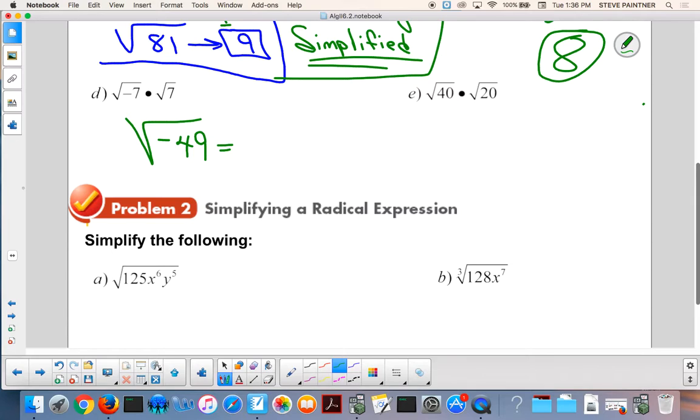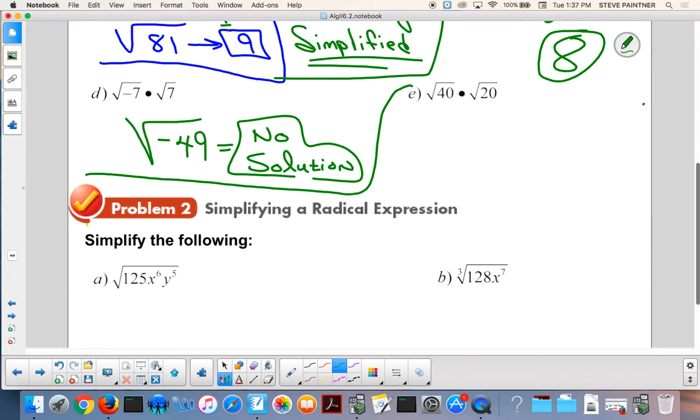You cannot take the square root or fourth root or sixth root of a negative number. Once you see even, you know you can't take even roots of negative numbers. No solution. Another one you are looking forward to seeing on your quiz. That's such an easy one, but you can't forget that.